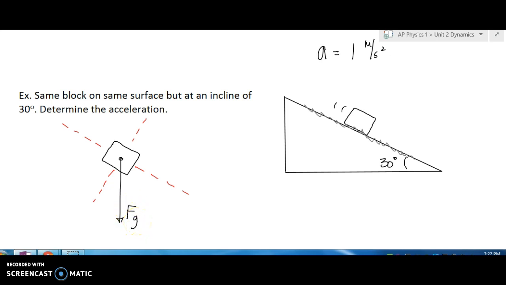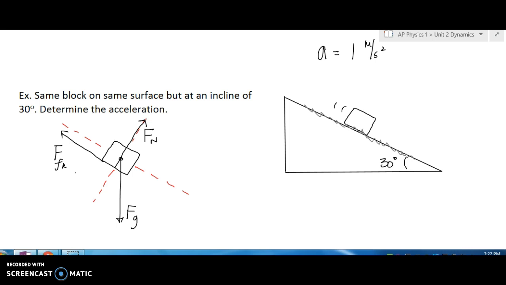And the weight force truly acts at the center of mass, which is why I always draw the weight starting from the center of the object. The normal force is from the surface onto the object, so a lot of times I'll draw the normal force starting from the bottom surface there. And this one has friction on it, so I might even draw the force of friction coming from the bottom of the object there.